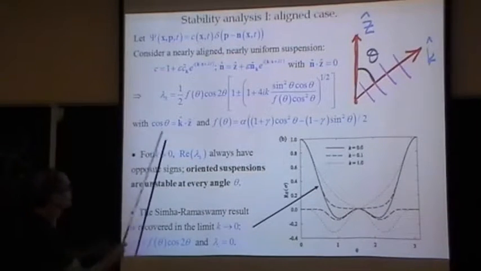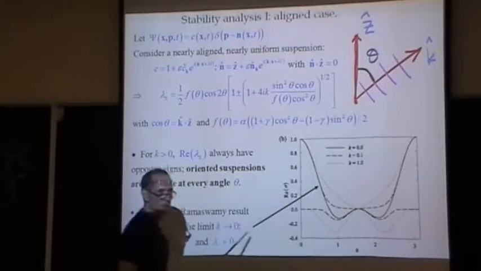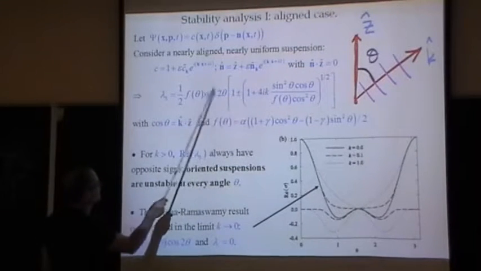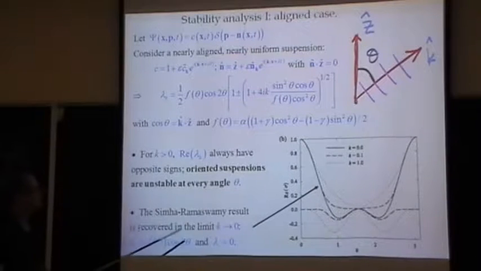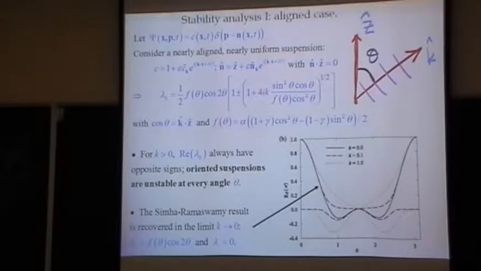And what you find is you have two branches of instability as a function of the direction of a plane wave perturbation. And the form of this turns out to be very nice, namely that if you have one mode that is in the left half plane, so you're stable on that one mode, necessarily the other mode is in the other half plane. So no matter what the angle of the perturbation is, you're always unstable, because one or the other of the modes is going to be in the positive half plane.